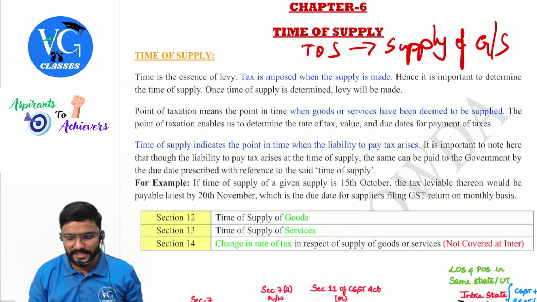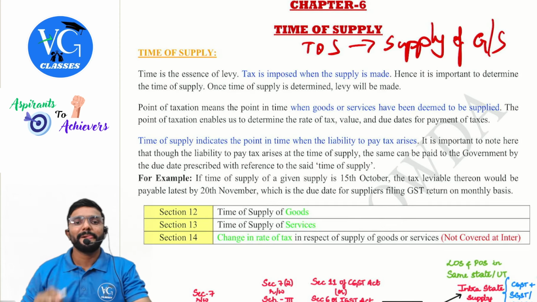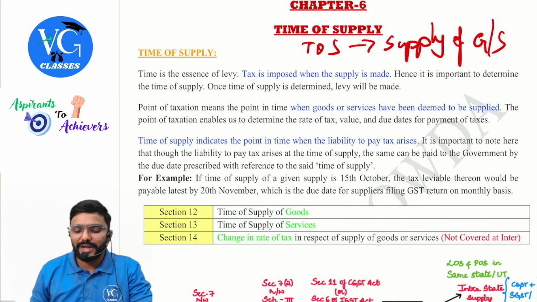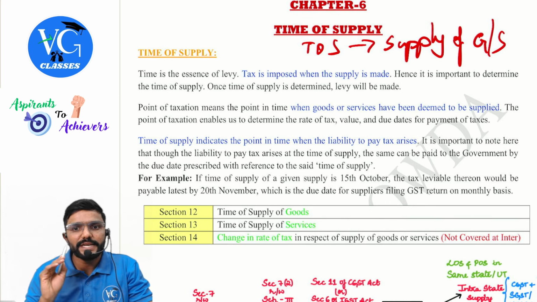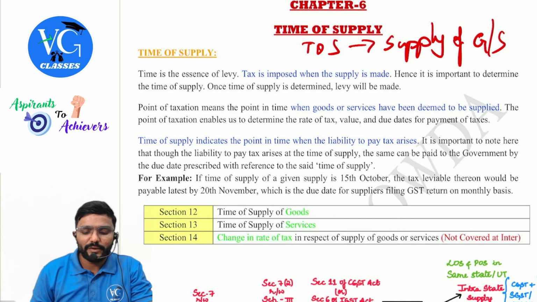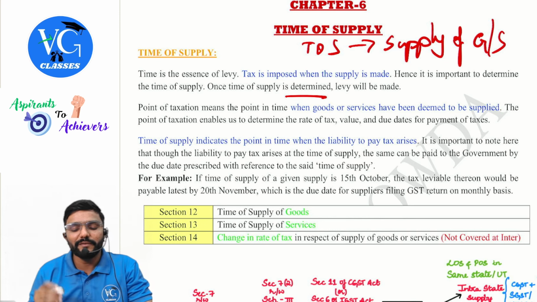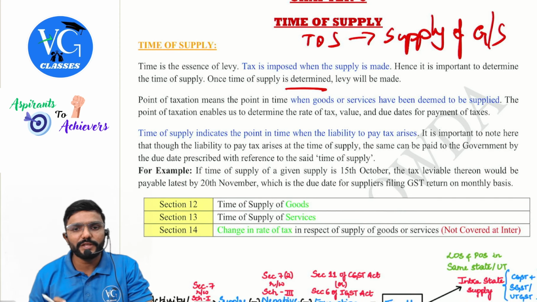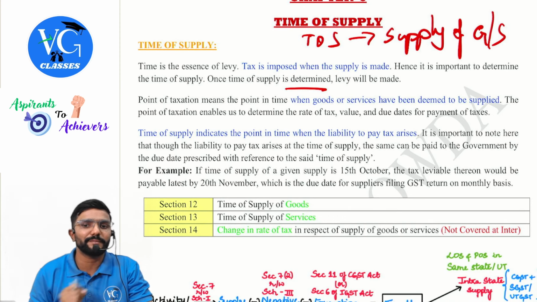Okay, let us see some basics before I start. Time is the essence of living. Tax is imposed when the supply is made. Hence, it is important to determine the time of supply. Once the time of supply is determined, levy will be made. Point of taxation means the point in time when the goods or services are deemed to be supplied.